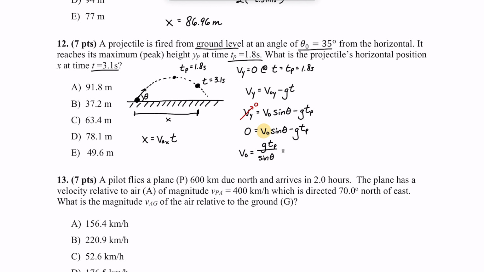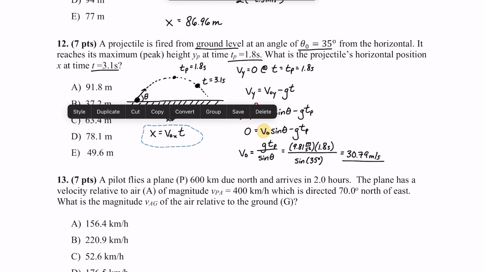We can plug in the values for our given quantities: 9.81 meters per second squared for gravity, 1.8 seconds for the time to top, and then sine of 35 degrees for our angle, to get the initial velocity is 30.79 meters per second. We can now use that to figure out our x motion.